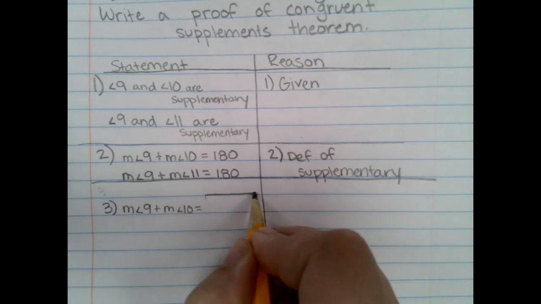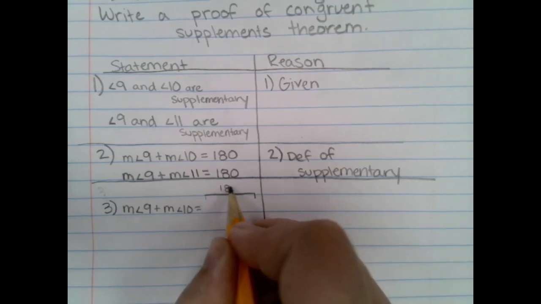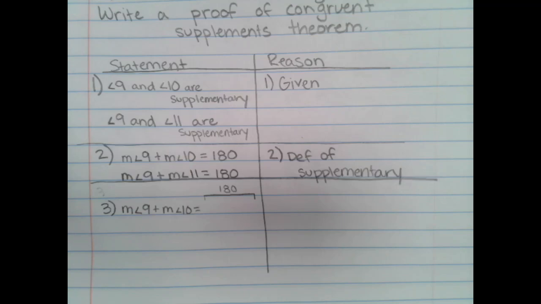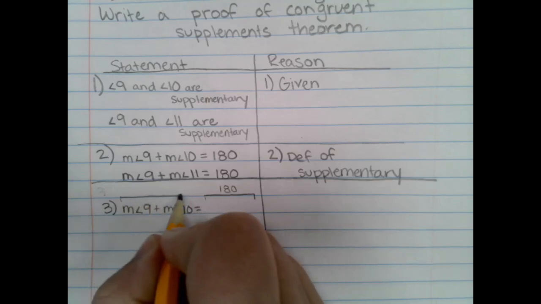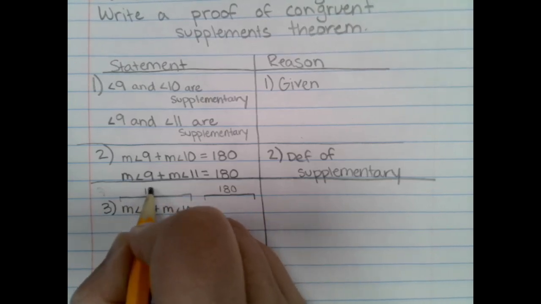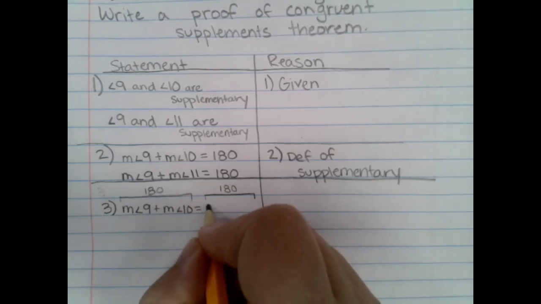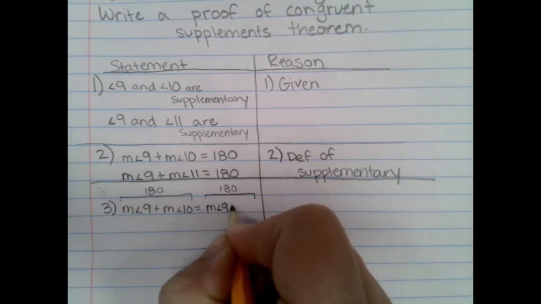What could I replace 180 with? What other 2 angles? 9 and 11, because 9 and 10 is 180. Now 9 and 11 are 180 also. So we know that they're equal.